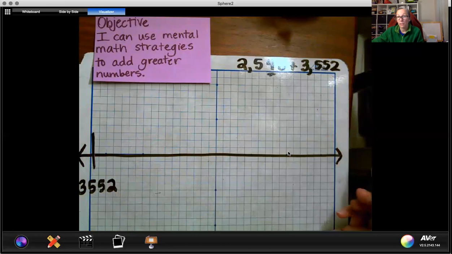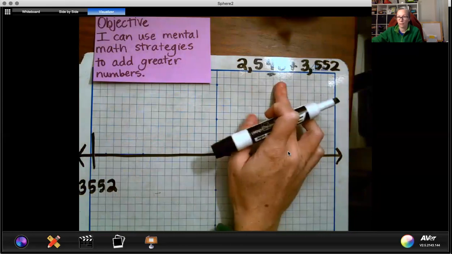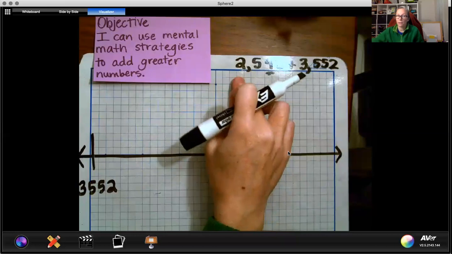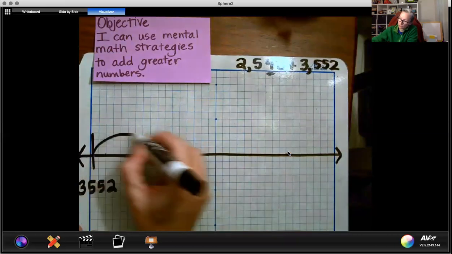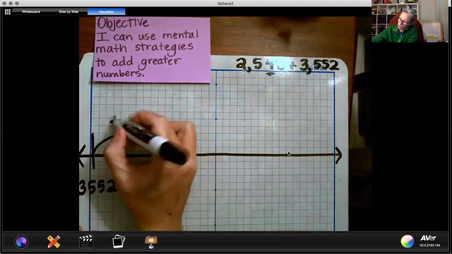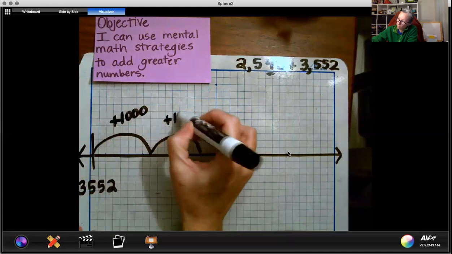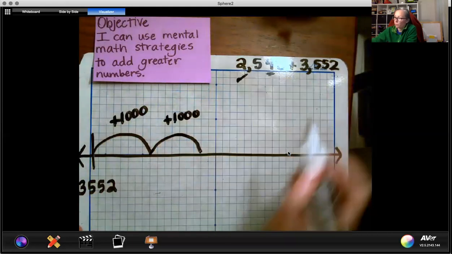A lot of kids like to start in the greatest place value on an open number line, versus standard algorithm where you would add the ones and ones, tens and tens. Either way is fine. I'm actually going to start with the thousands place. So my first two jumps on my number line are going to be larger, and they make up the 2 in 2,548.